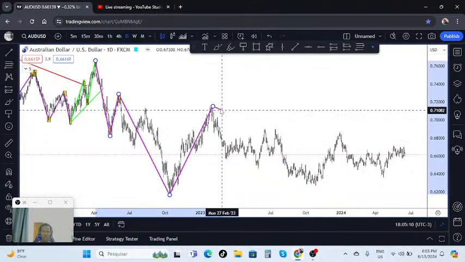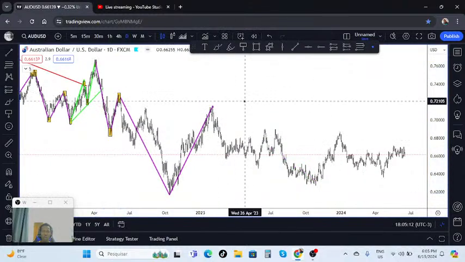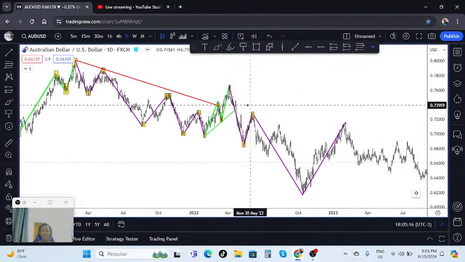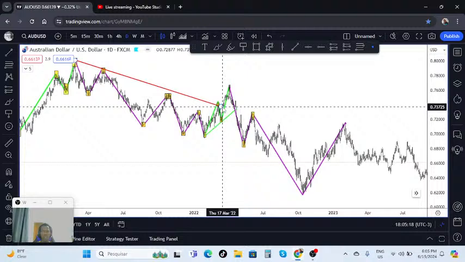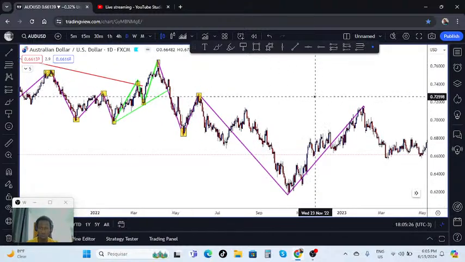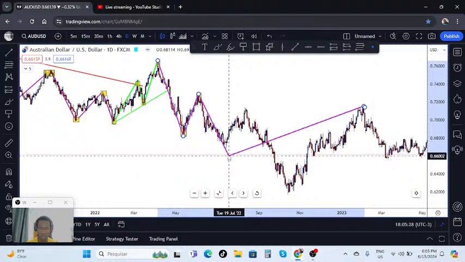So this is where I'm just going to leave everything. Right now, this is where we adjust the trend line, because the market structure is still down.